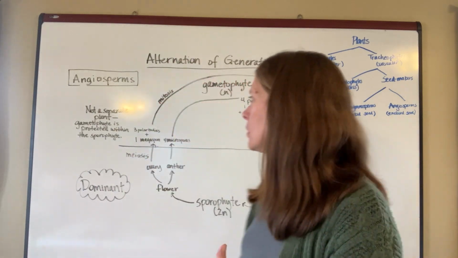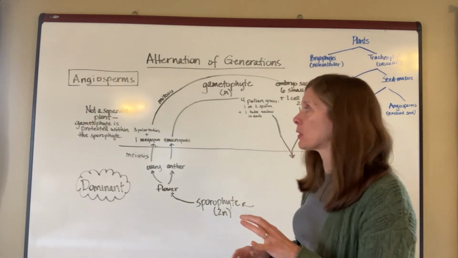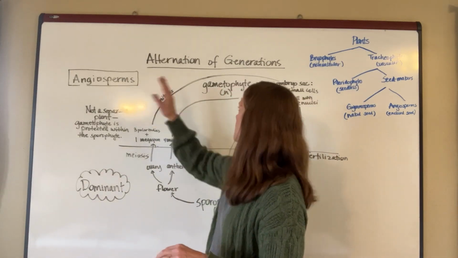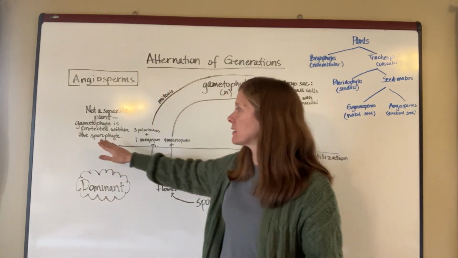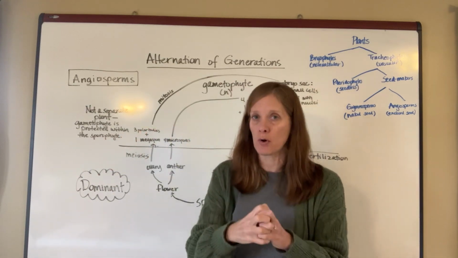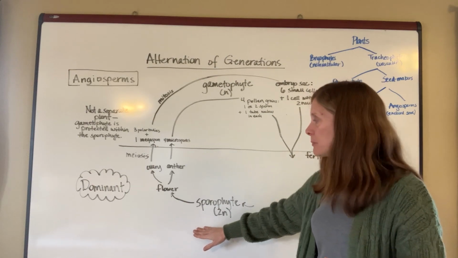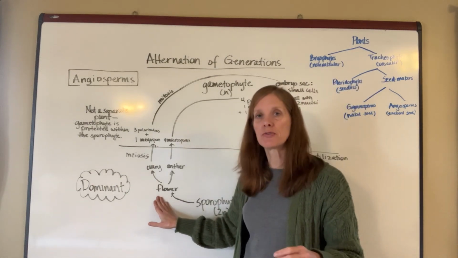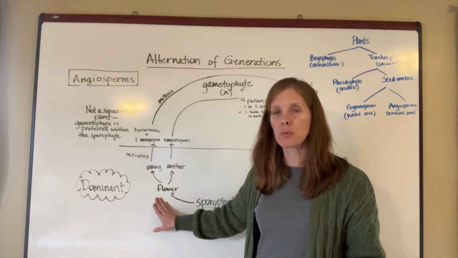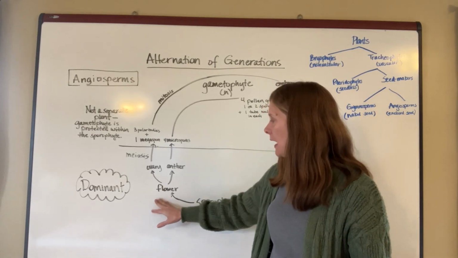All right, so once again, just as with the gymnosperms, with our angiosperms, the gametophyte generation is not going to be a separate plant. It is protected within the sporophyte. So I've got my big sporophyte plant that is going to produce a flower. Now you've already done a whole lot of work with the structure of a flower, all the different parts of the flower.